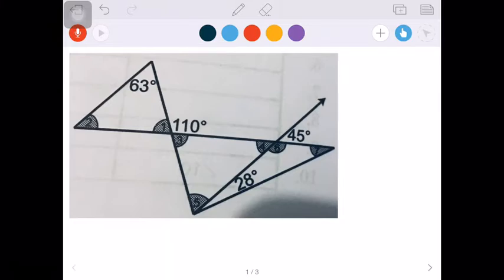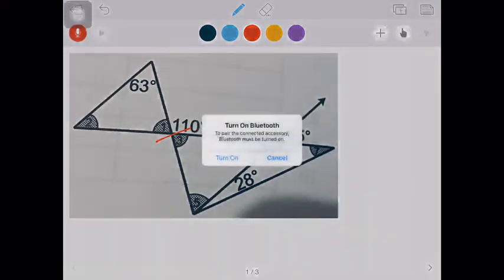So here we have angle 1. Angle 1 is over here, and we see that there is what we call an exterior angle.